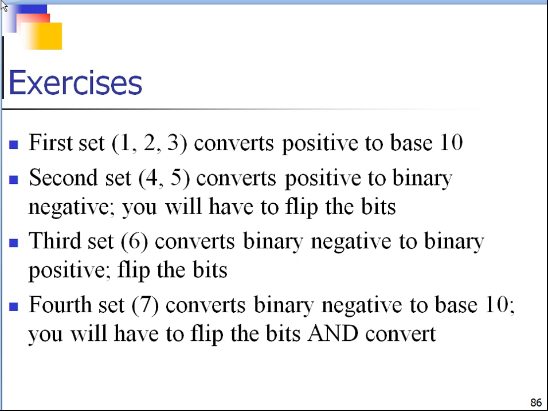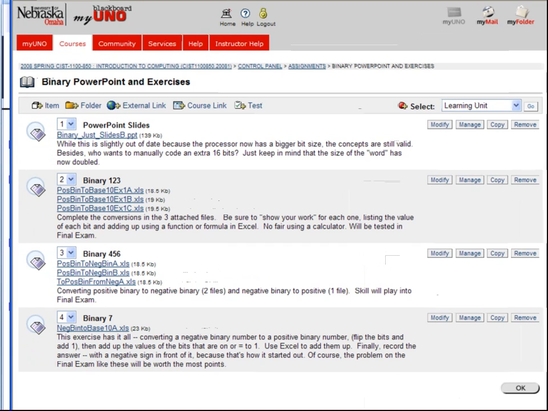The fourth set, number 7, converts binary negative to base 10. You're going to have to flip the bits, add 1, and convert it in order to get it out. This will most closely resemble the exam that you will have. Just pull up Blackboard for a moment here.